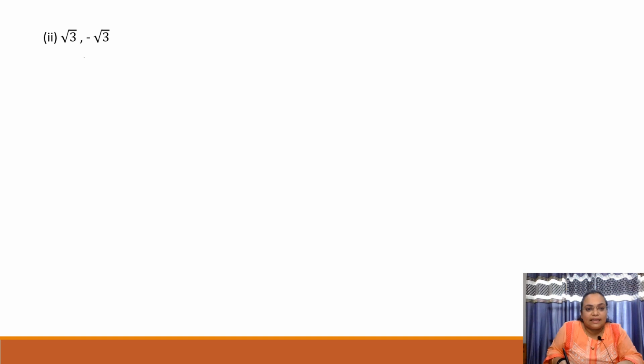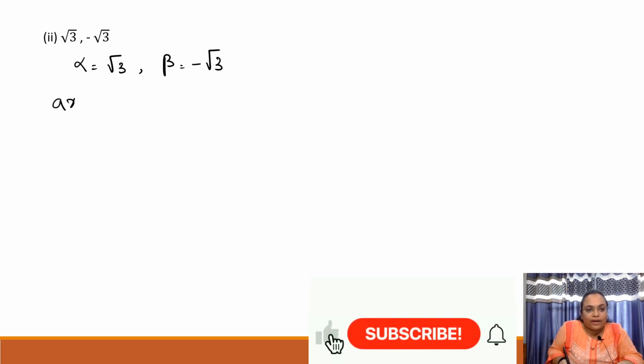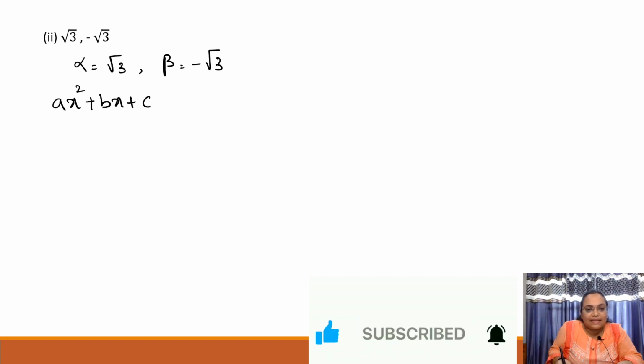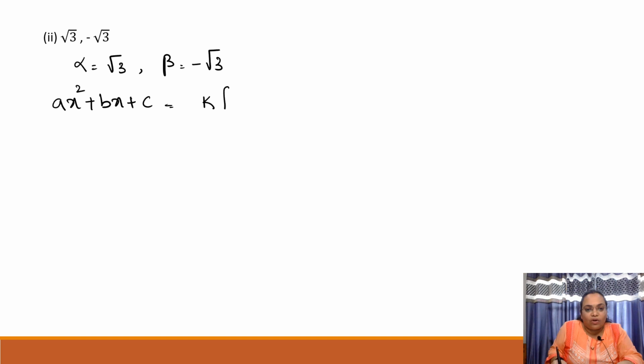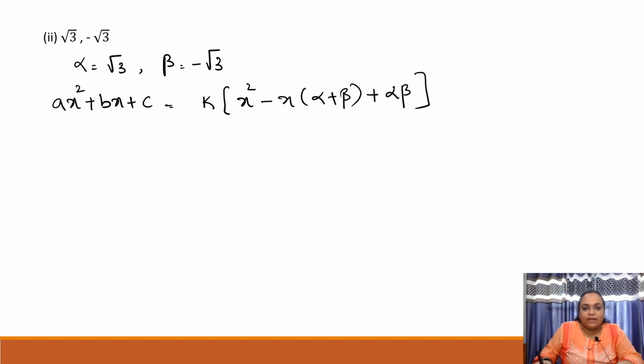So, now let us take alpha is equals to root 3 and beta is equals to minus root 3. Okay. So, what is the quadratic polynomial? Ax square plus bx plus c is equals to k of x square minus x of alpha plus beta plus alpha beta, right?